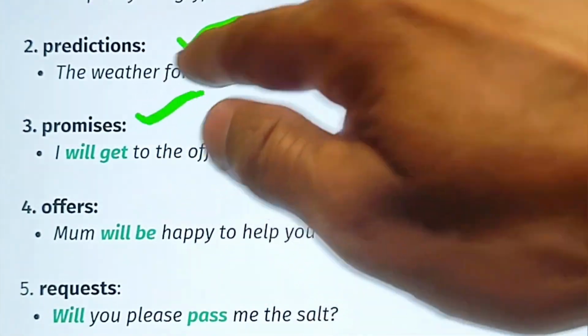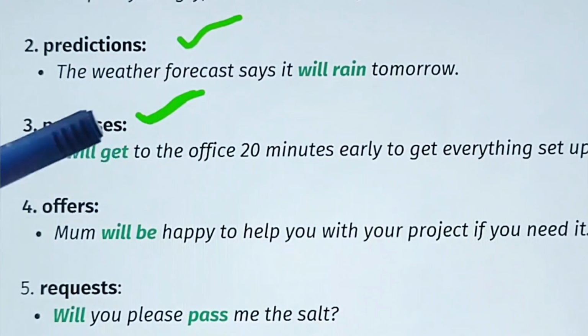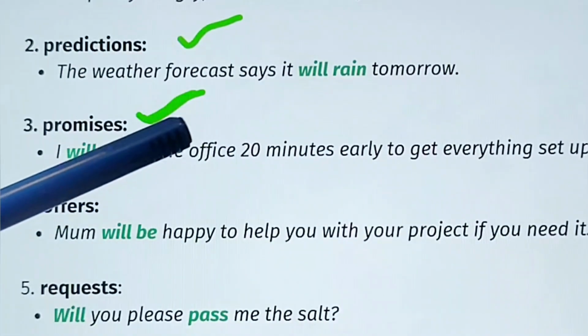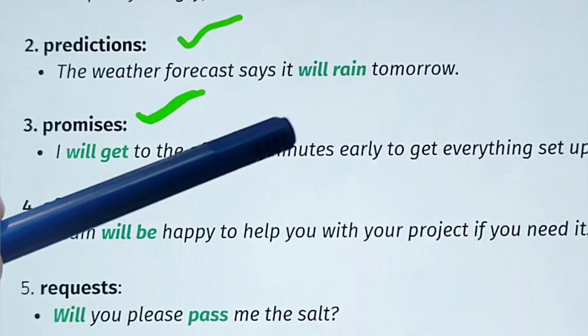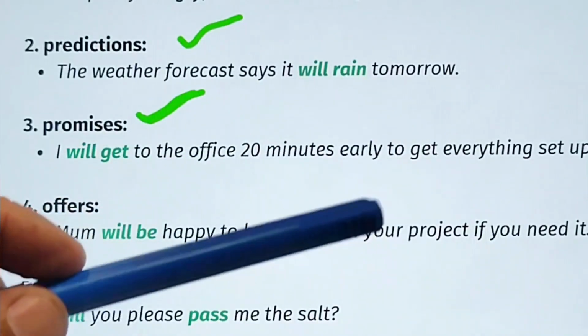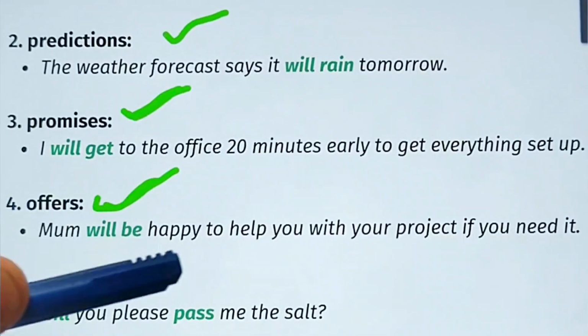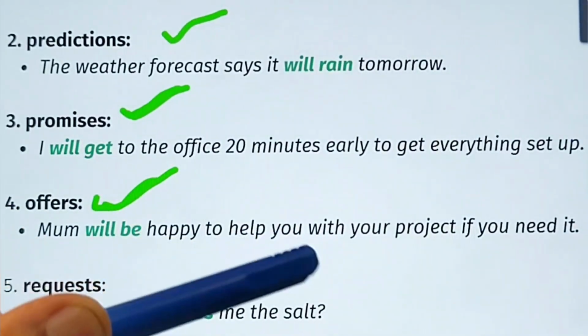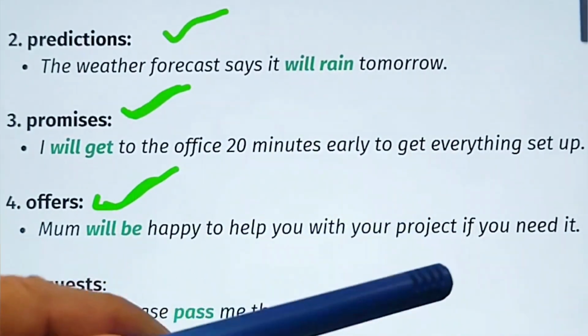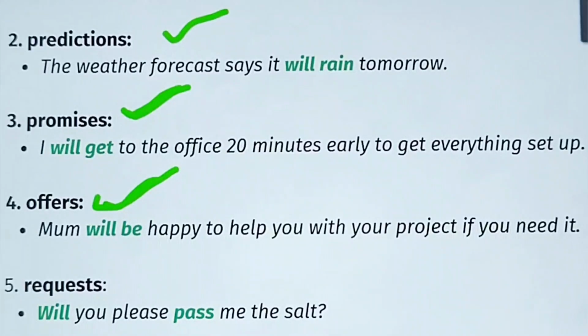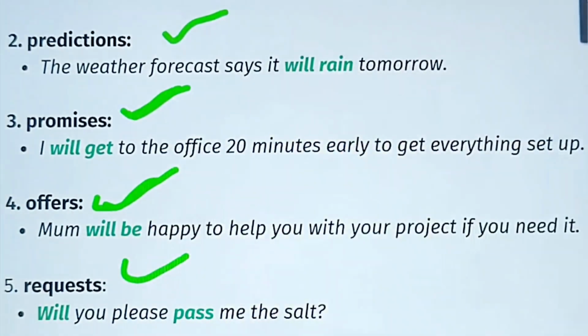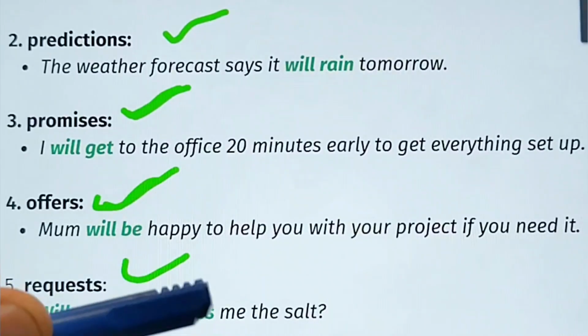For promises, example here, I will get to the office 20 minutes early to get everything set up. For offers, Mom will be happy to help you with your project if you need it. For requests, will you please pass me the salt?